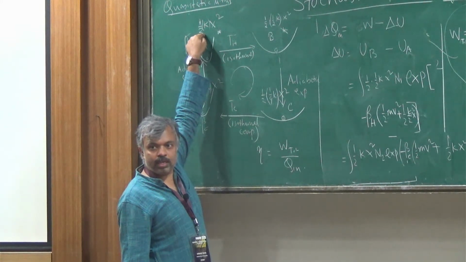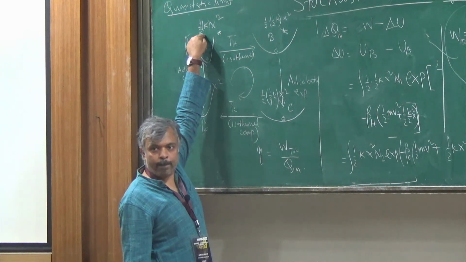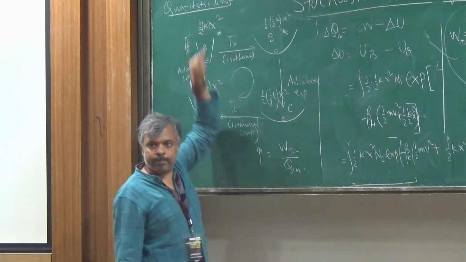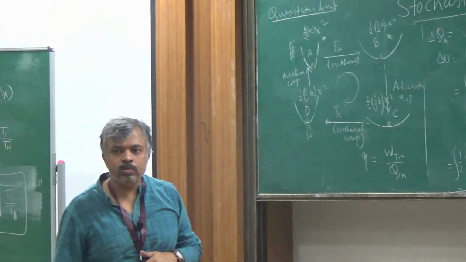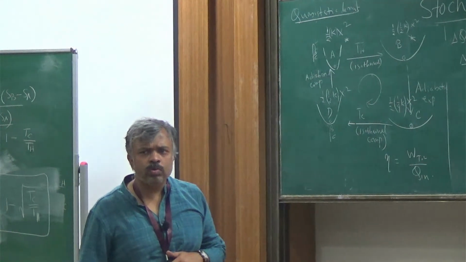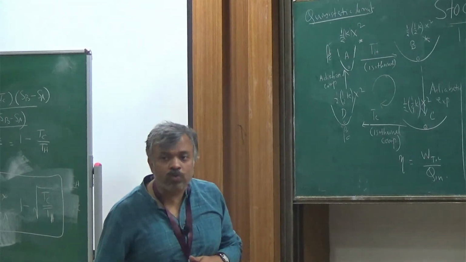But when we were calculating work along the adiabatic path B to C, we kept the K parameter the same as in B. When we were calculating what work?